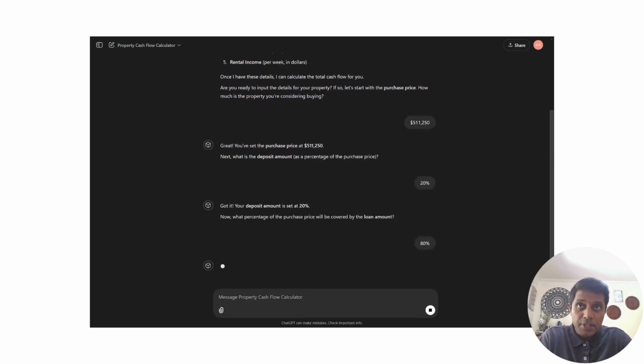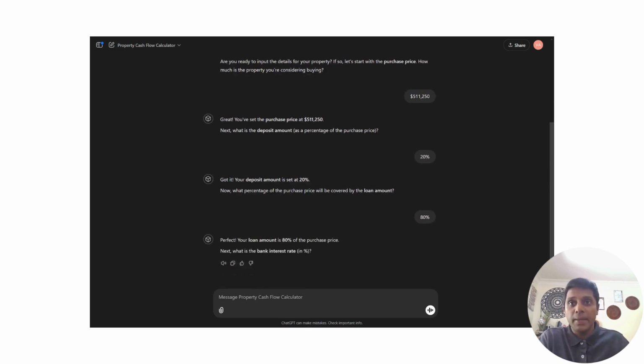And then the next question is about the interest rate offered by the bank for lending this money. It's going to be 6.29%, which Rani and Manny got from their mortgage broker.